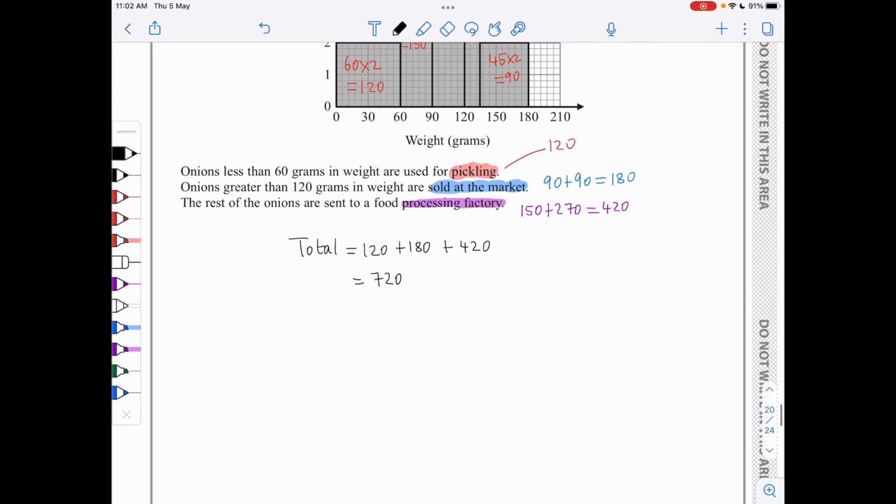So to find the angle X corresponding to the sector of those onions that are sent for processing, well, X is 420 over 720 times 360, because angles in a circle add up to 360, and this is giving me an answer of 210 degrees. So that's the answer to this question.